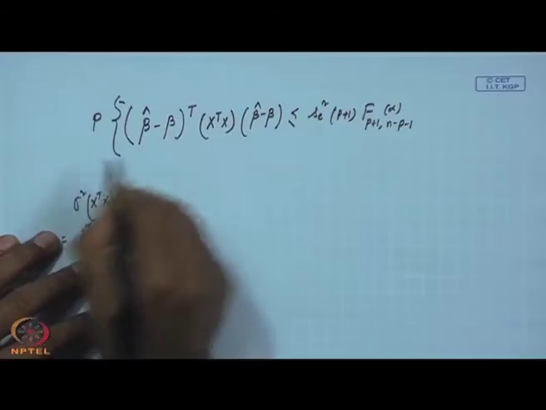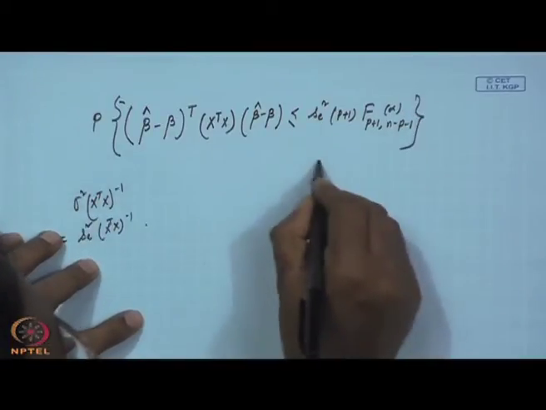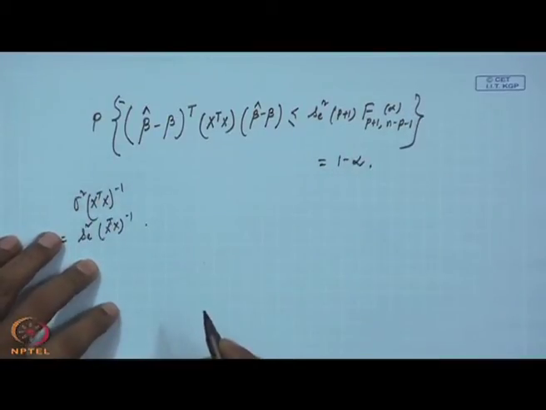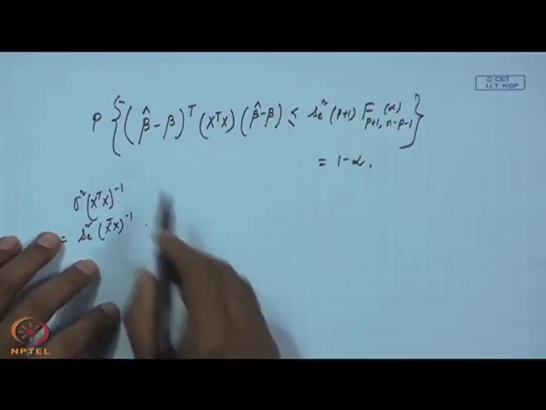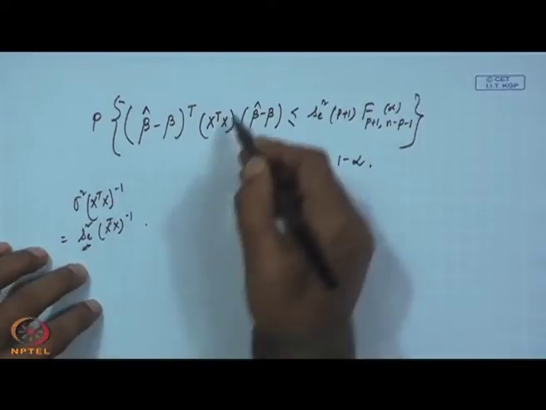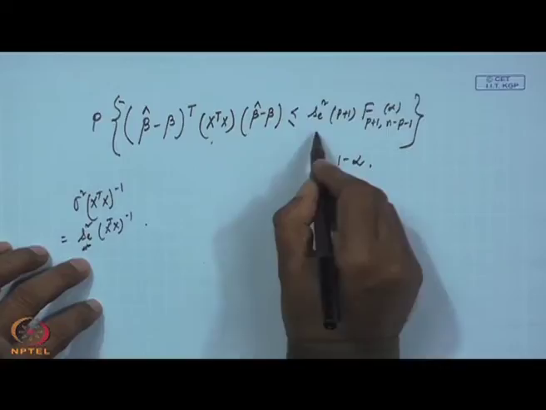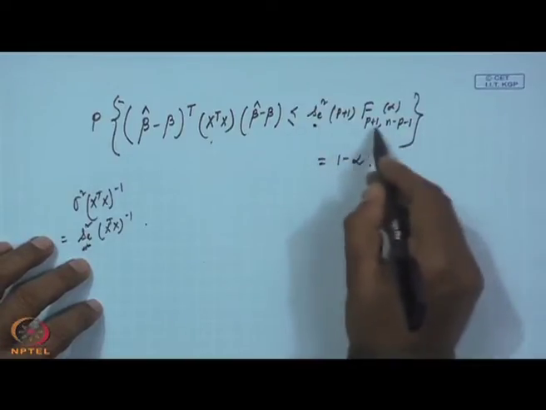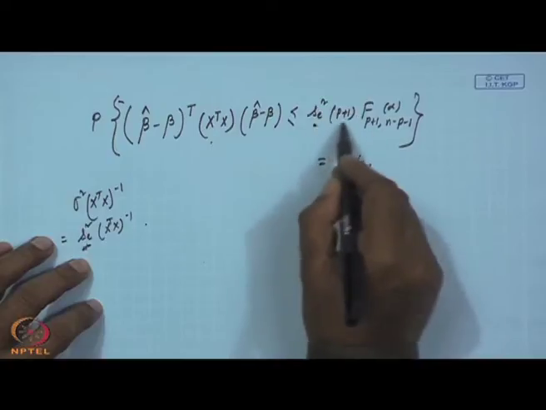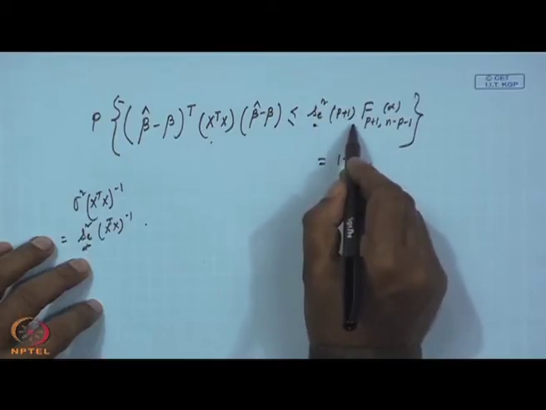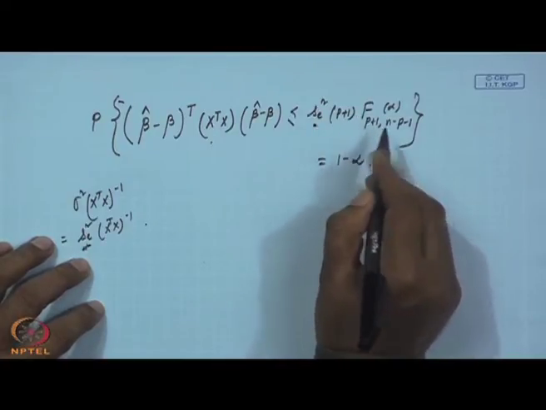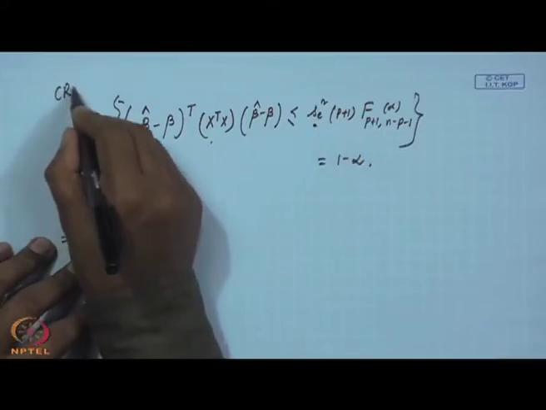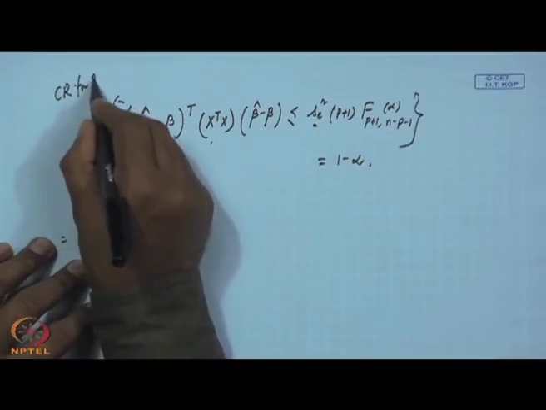The probability that this quantity is less than this is 1 minus alpha. We keep this S square here, and the rest of the things are like this, but there is some modification with respect to the number of parameters to be estimated. So, this is the confidence region for beta.